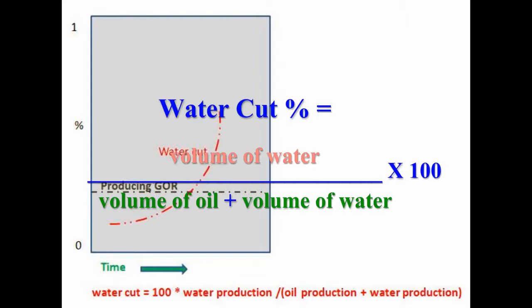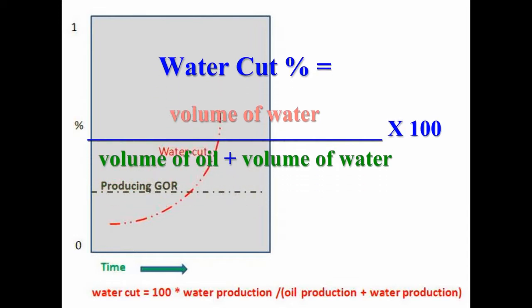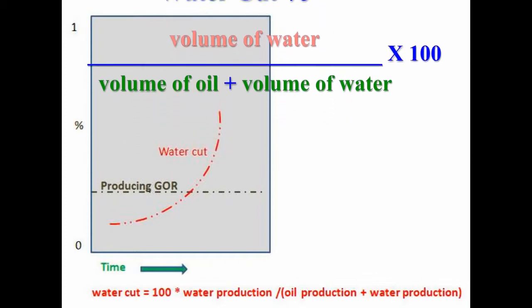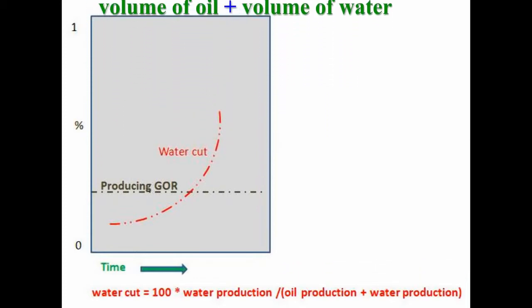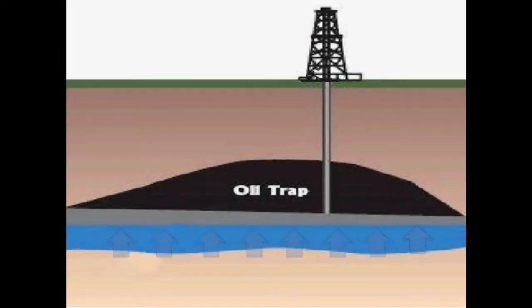The water cut percentage is equal to the volume of water produced divided by the sum of the volume of oil produced plus the volume of water produced, times 100. Notice here that the producing GOR always stays constant because the bubble point pressure is usually never reached. Since water drives have the highest recovery rates, this recovery will be used if water conditions are favorable.